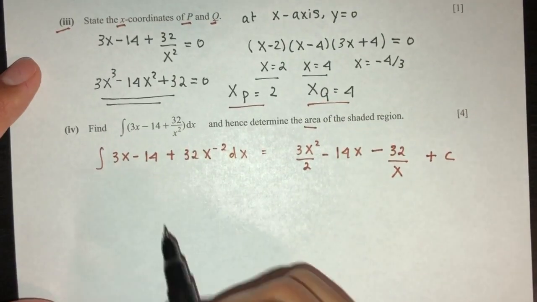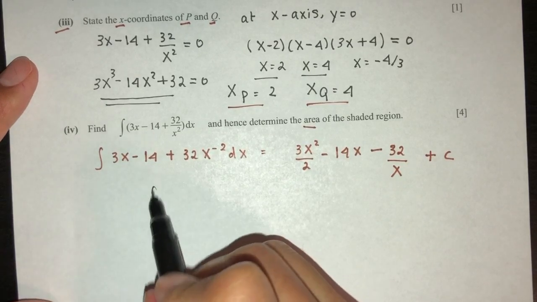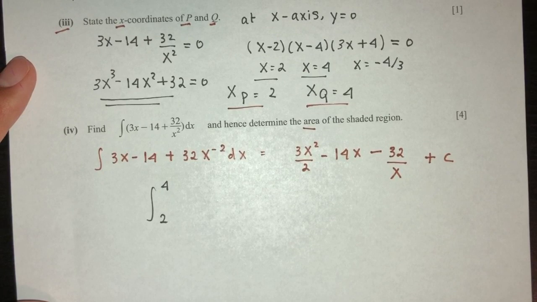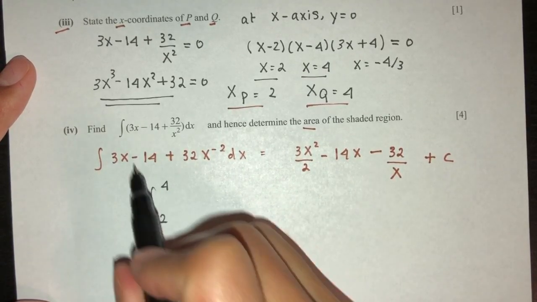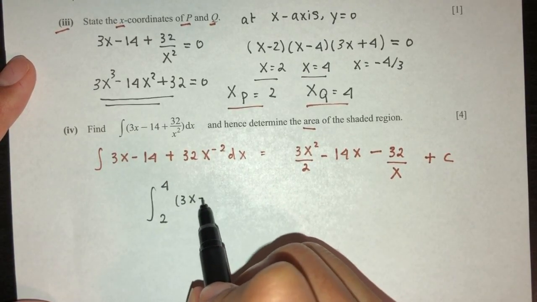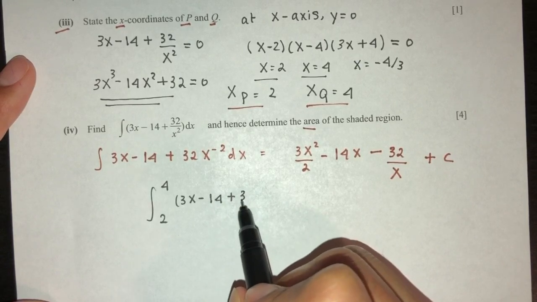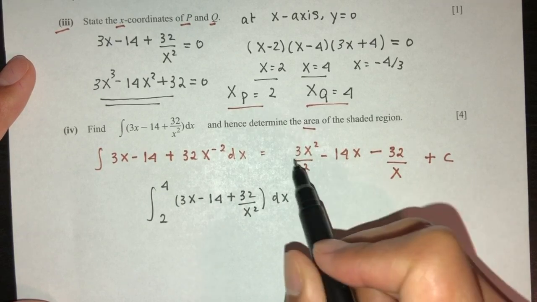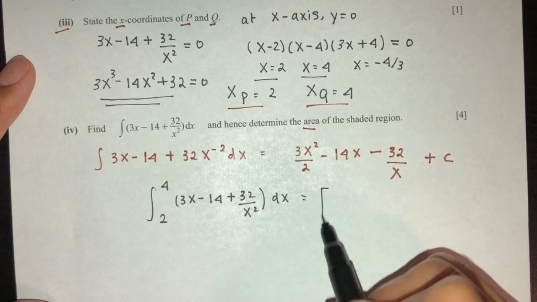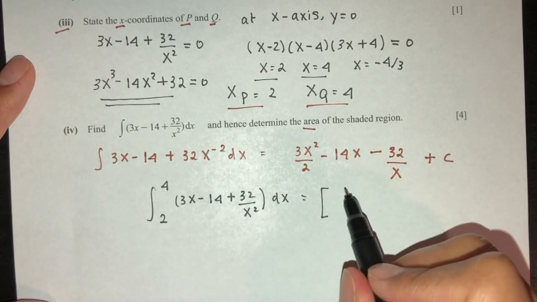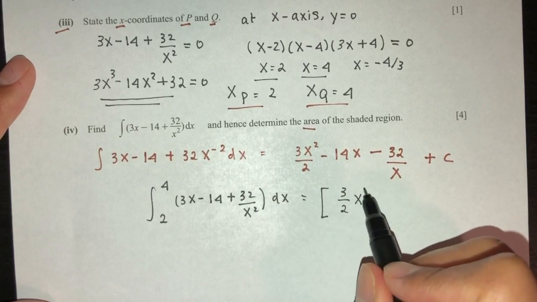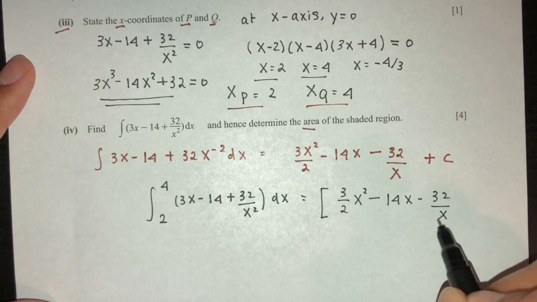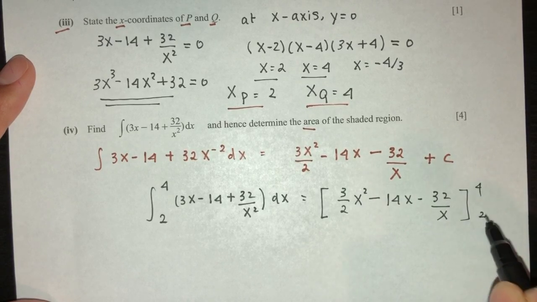So limits will be between 4 and 2. We don't have to write c anymore because we have limits of integration. That will be this, minus 14x, minus 32 over x for limits between 4 and 2.